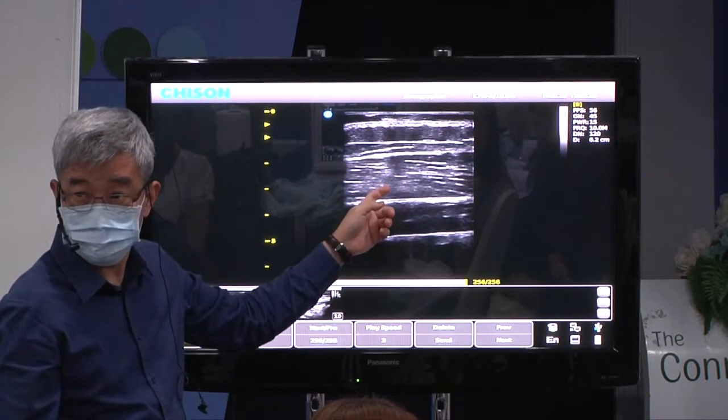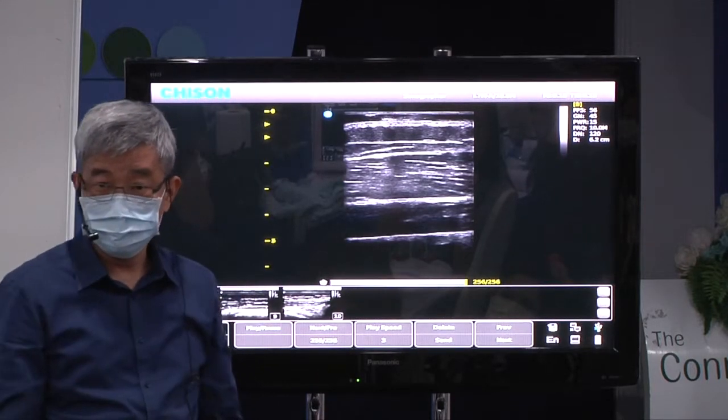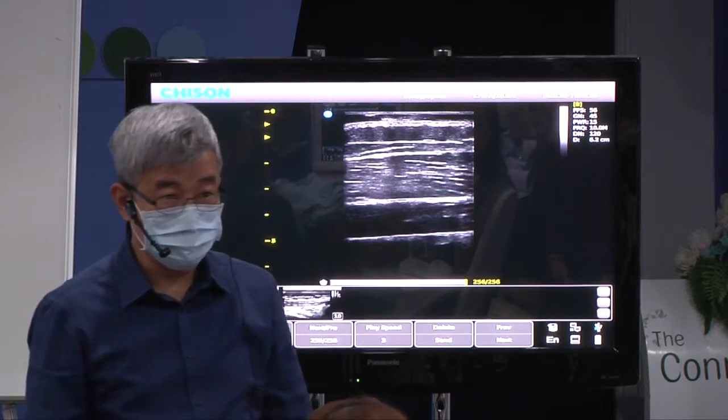Okay? Gel, floating scale. Okay, you don't need your participant or subject to get up from the bed.